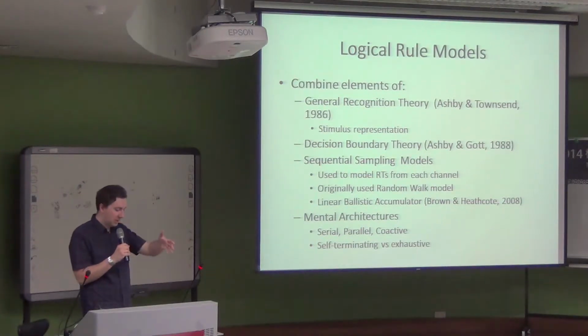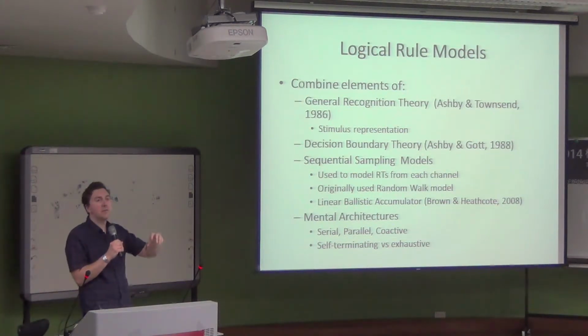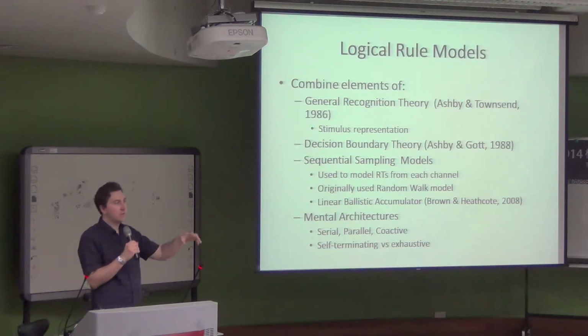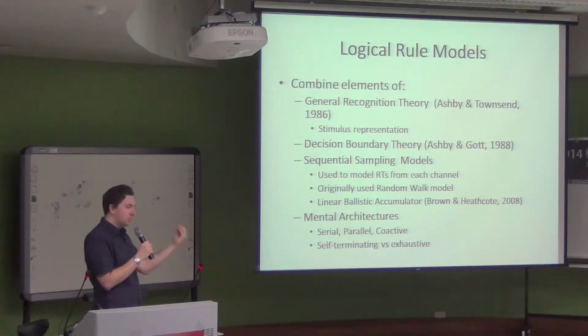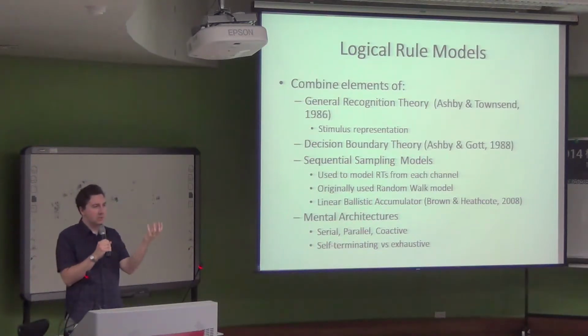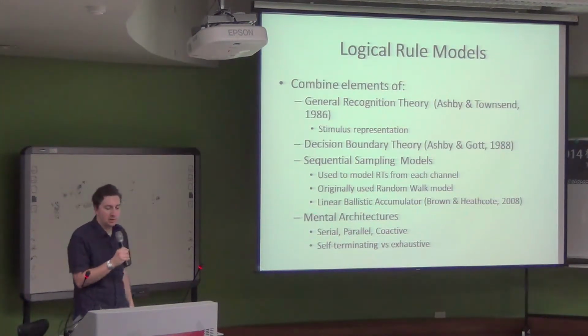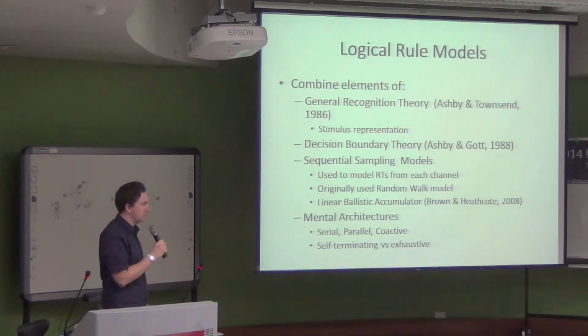We use this carved up space to pull out the rate, or quality, of evidence that each individual stimulus gives you for each of the categories. You can use that information from the stimulus representation combined with these decision boundaries to drive sequential sampling models. I didn't list all the references here because they're too numerous to put on one page.